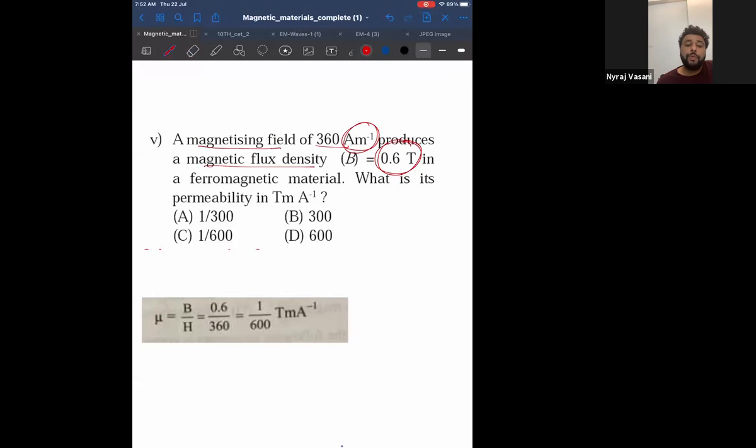They cannot play around with units. If I know B is given, I know H is given, and I know what permeability they're asking. Which permeability? Total permeability. They have not mentioned absolute. They have not mentioned relative. Therefore, I have to find mu. Therefore, I have the direct formula. B is equal to mu into H. Tell me, did you understand this problem?